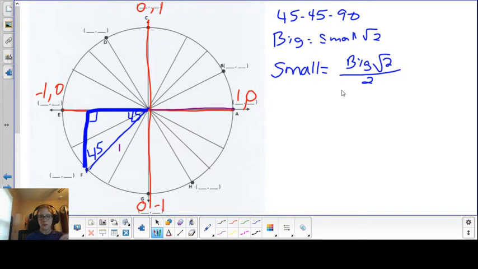So I'm going to take my big side, which is, in this case, 1, times the square root of 2 divided by 2. Well, what's 1 times anything? It's just itself. So both sides are a distance of square root 2 over 2. Now here's where the logical thinking part has to come in. My x value, is that going to be positive or negative?